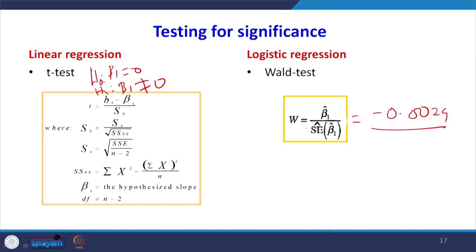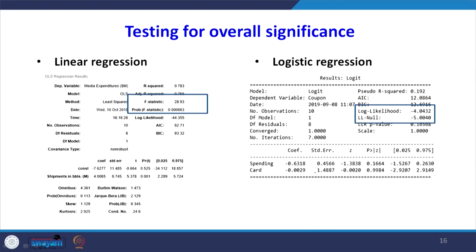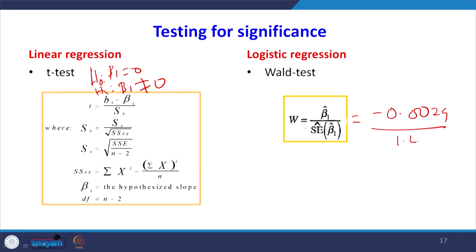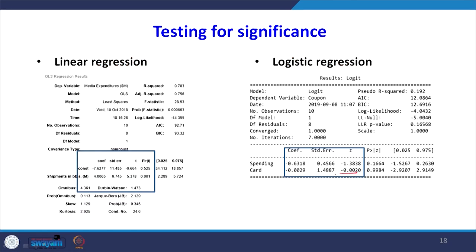The standard error is 1.4887. This is equivalent to your Z value. This Z value will be used to test whether the individual independent variable is significant or not. We got this by dividing minus 0.0029 by 1.4887. This value is nothing but your Wald statistic.